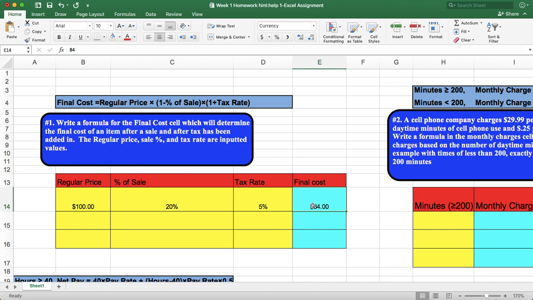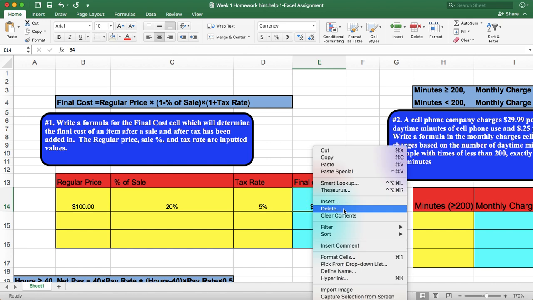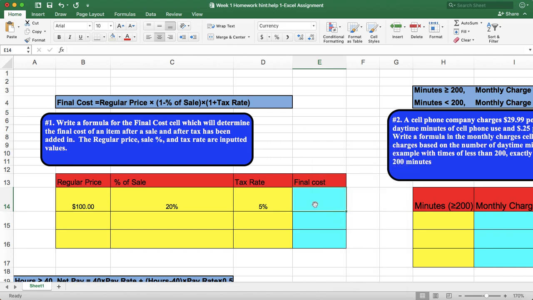So we clean up this cell and put the formula in. The formula is regular price. Don't type the number in.